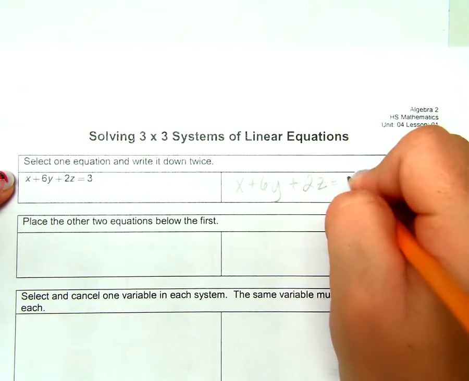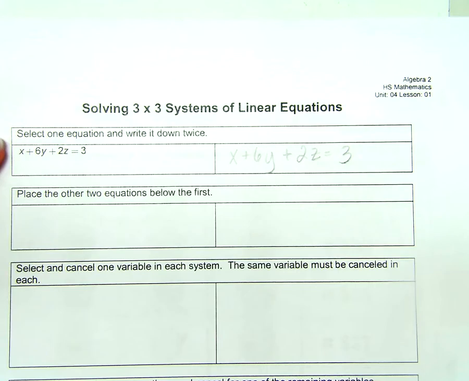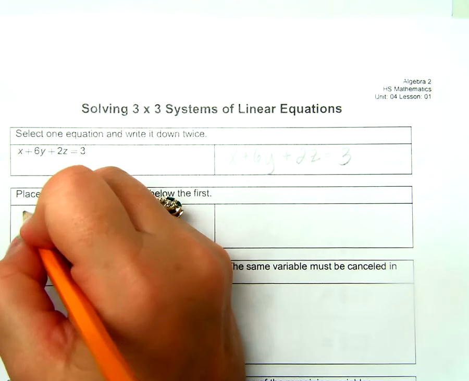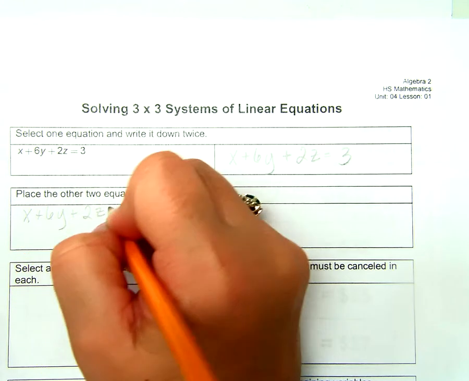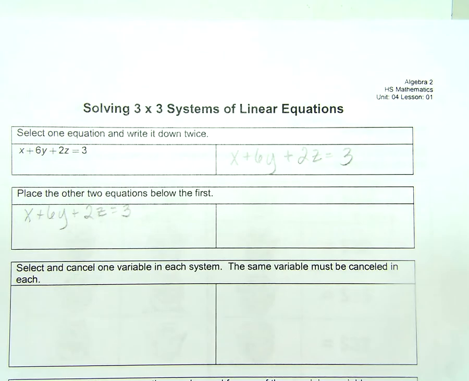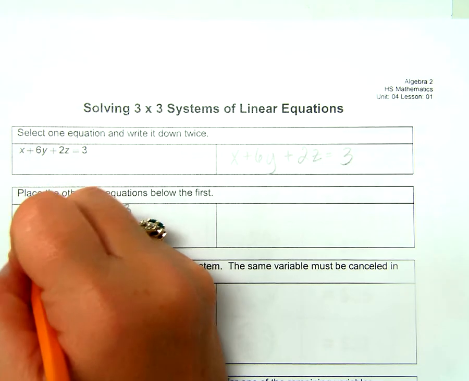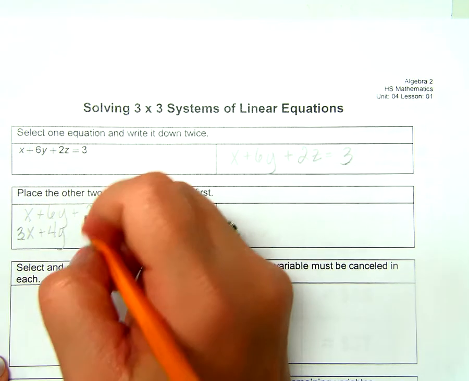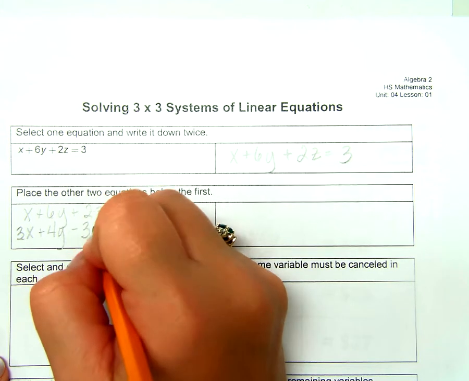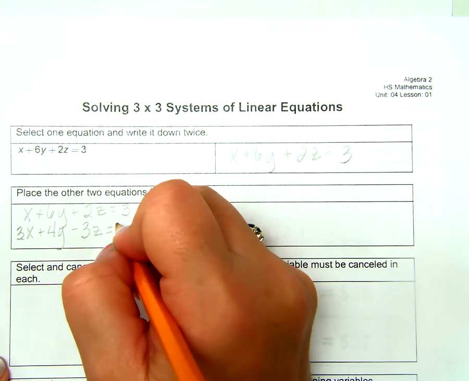So basically what we have to do is write it down again. Okay? We're going to place the other two equations below the first one. So I'm going to rewrite this one and write x plus 6y plus 2z equals 3. One of the other equations from the other page is 3x plus 4y minus 3z equals 5.